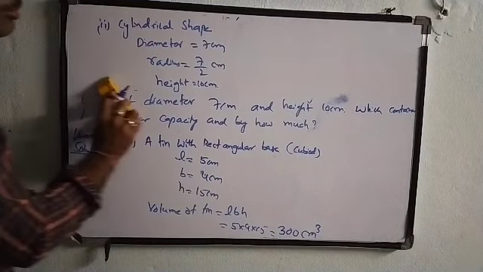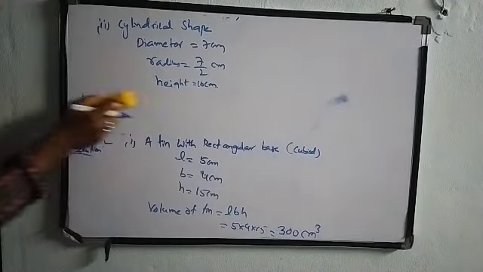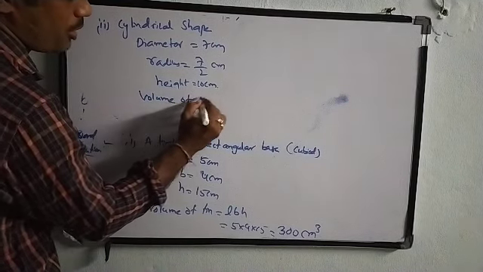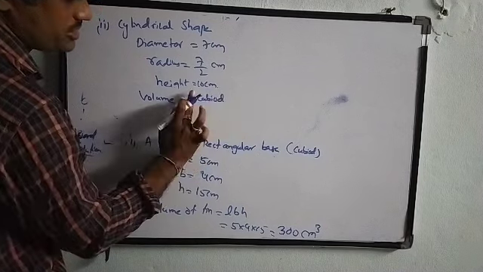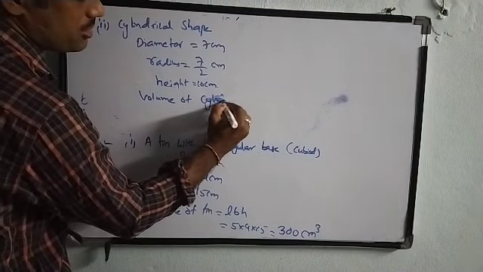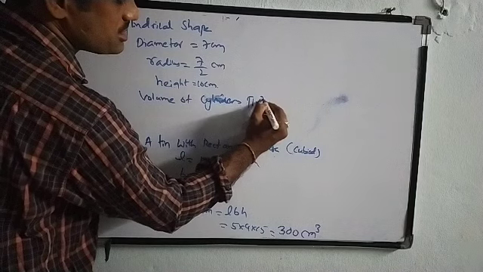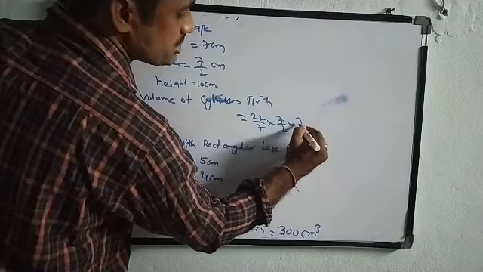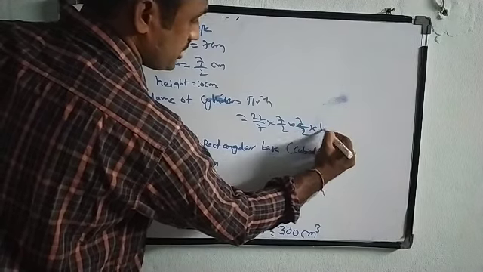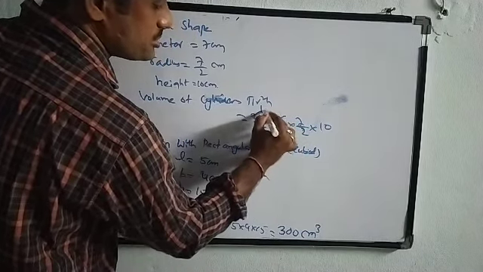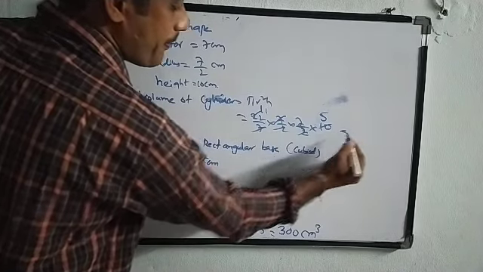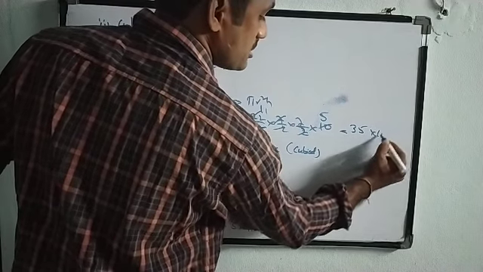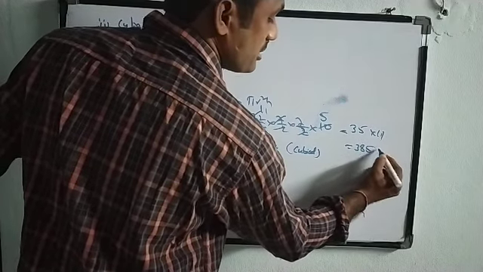So in this case the volume of cylinder equals pi r square h, which is 22 by 7 into 7 by 2 into 7 by 2 into 10. So 2 ones, 2 11s, 2 ones, 2 5s. So overall it will be 35 into 11, which is 385 centimeter cube.